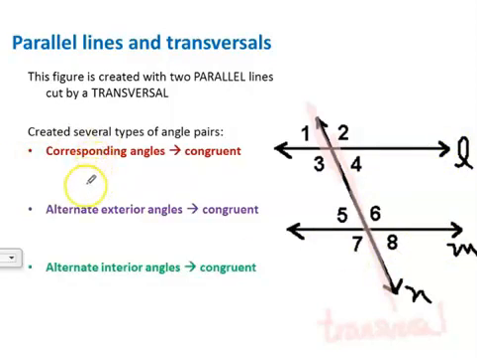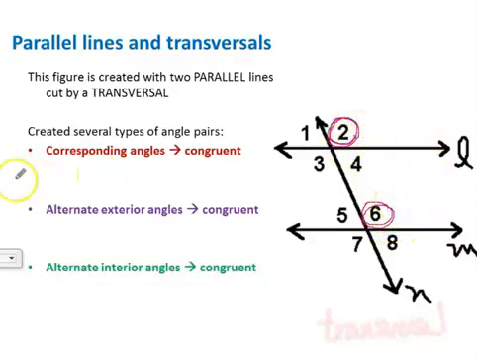So, first type of angle pairs, corresponding angles. They are located in the same position. That is what corresponding angles are. They're located in the same position. So like angle 2 and angle 6, if we were to slide line M up to match up with line L, 2 and 6 are essentially sitting on top of each other, right?